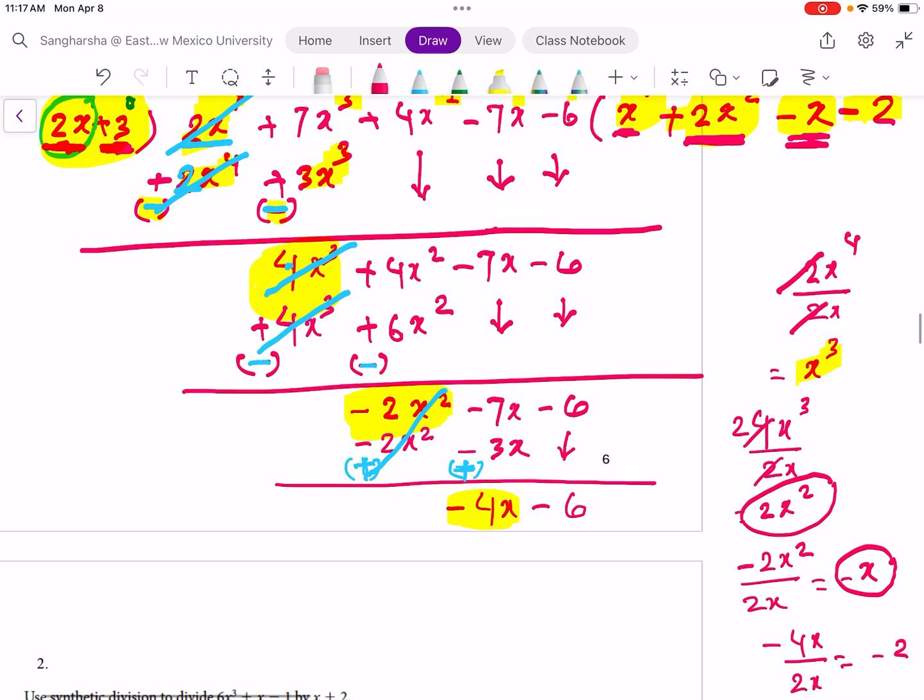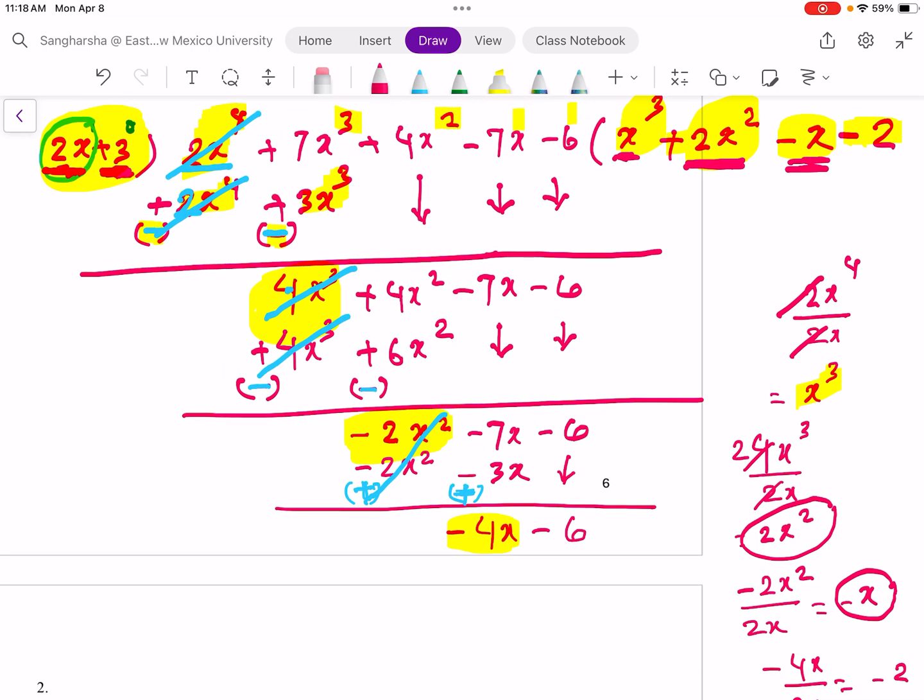Negative 2 times positive 2x is negative 4x. Negative 2 times positive 3 is negative 6. We change sign. So negative 4x changes into positive 4x. Negative 6 changes into positive 6.